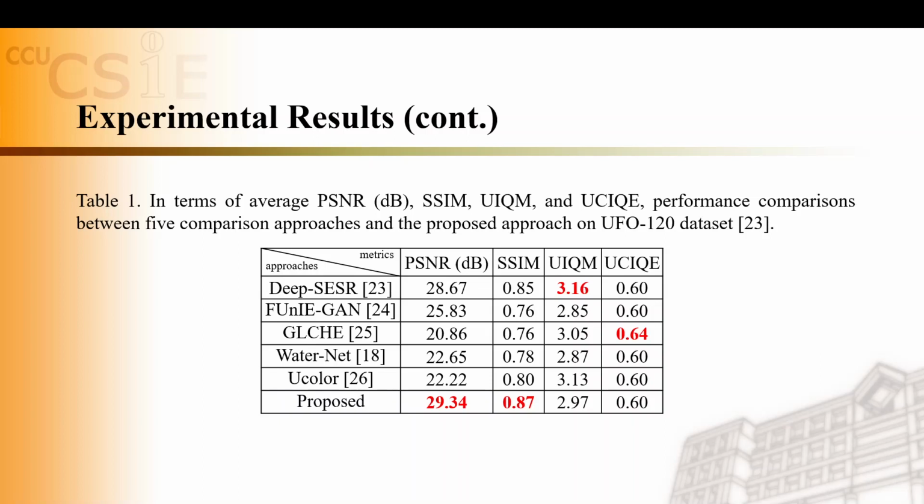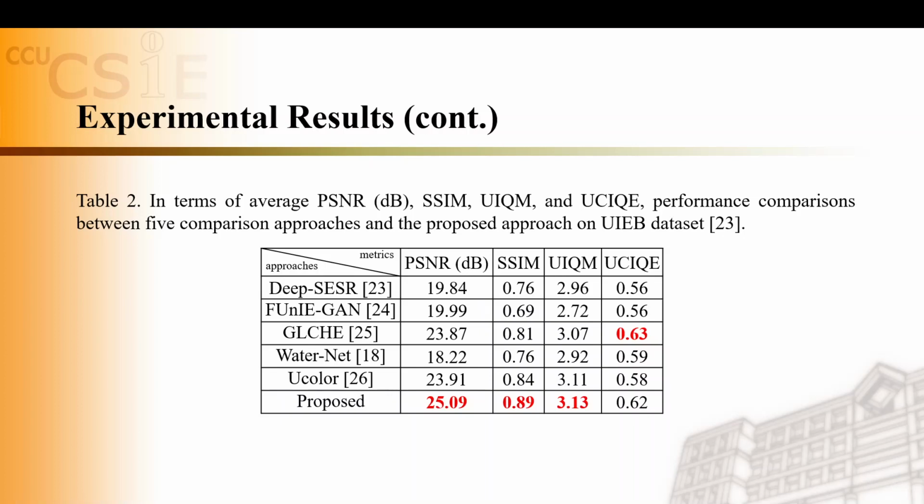In terms of average PSNR, SSIM, UIQM, and UCIQE, the performance comparison between 5 comparison approaches and the proposed approach on the UFO dataset is listed in Table 1.